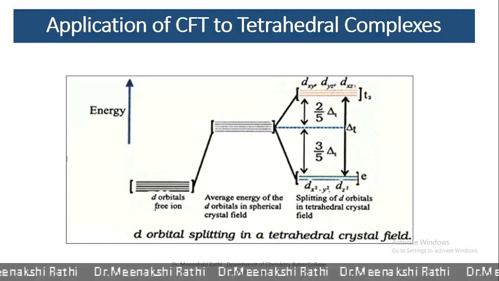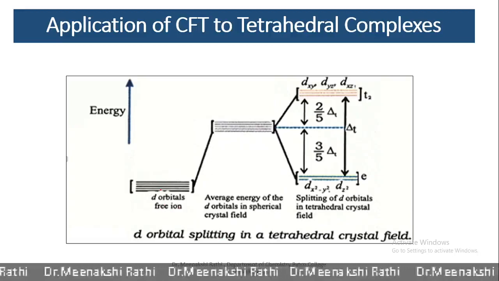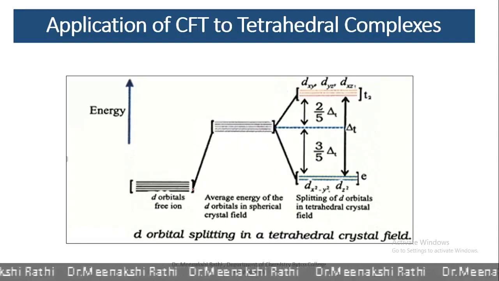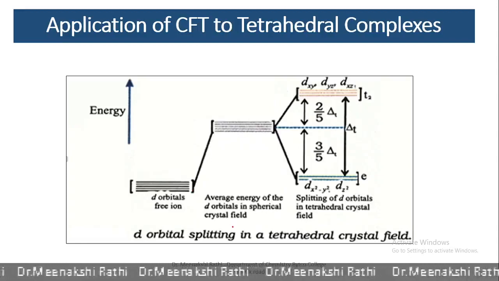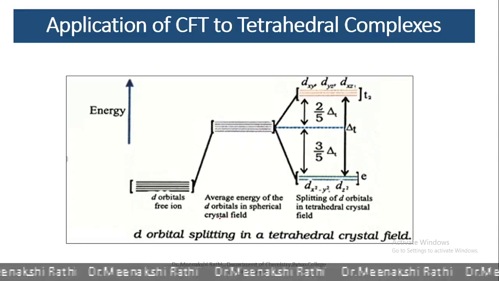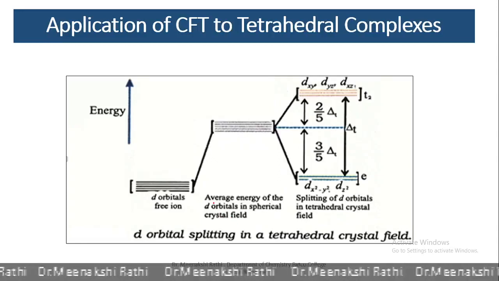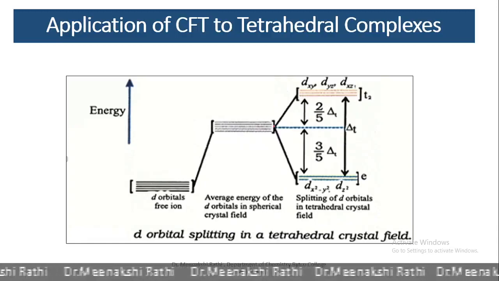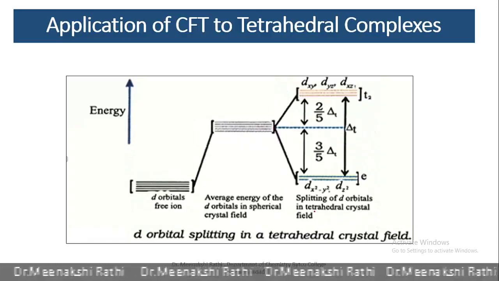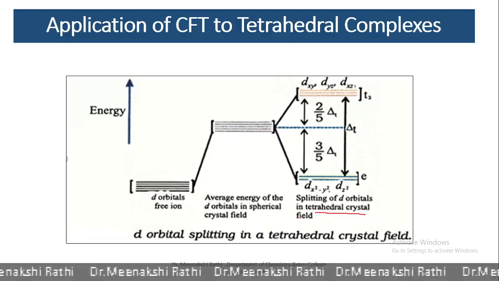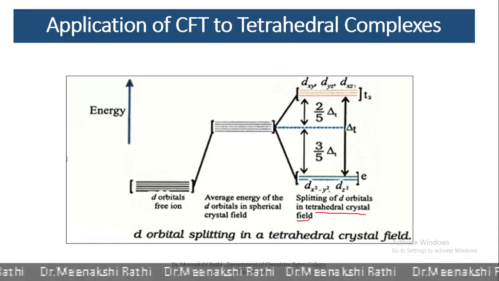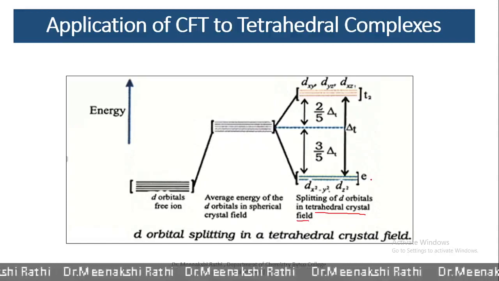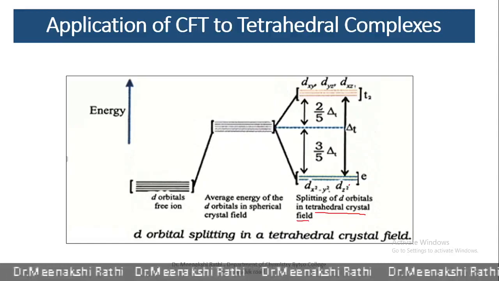See here are the d orbitals of a free ion. All are degenerate d orbitals of equal energy. When d orbitals come in the spherical crystal field, their average energy slightly increases. But when these d orbitals come in the tetrahedral crystal field, they undergo splitting. The 2 E orbitals' energy is decreased.